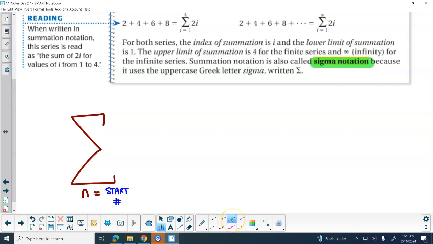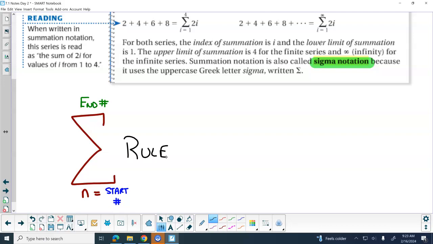Up top, it's going to have an ending number. Those are the numbers for the term that you are going to put into what is called the rule, the equation, if you will. Okay.